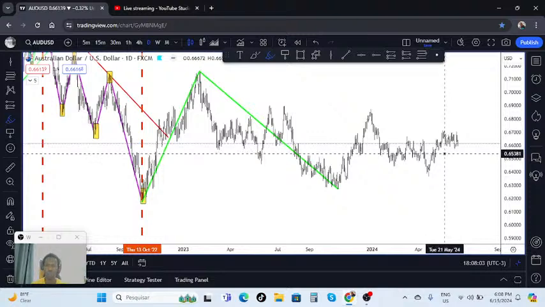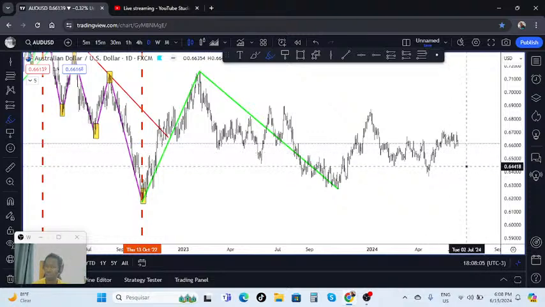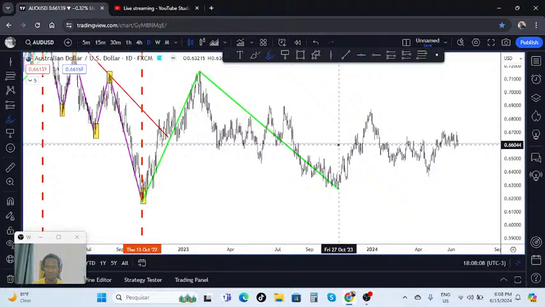Okay, it is really complicated. Talking about market structure, this is very complicated right now.